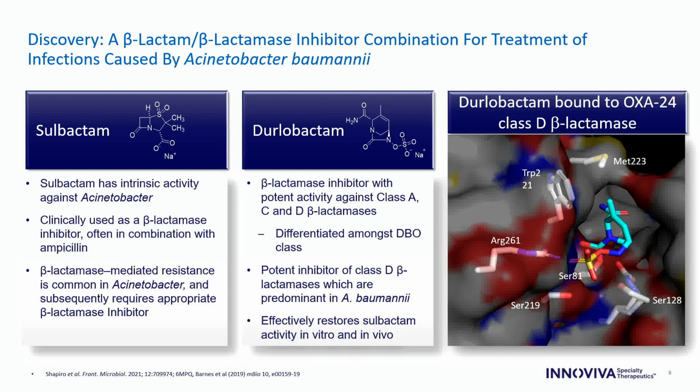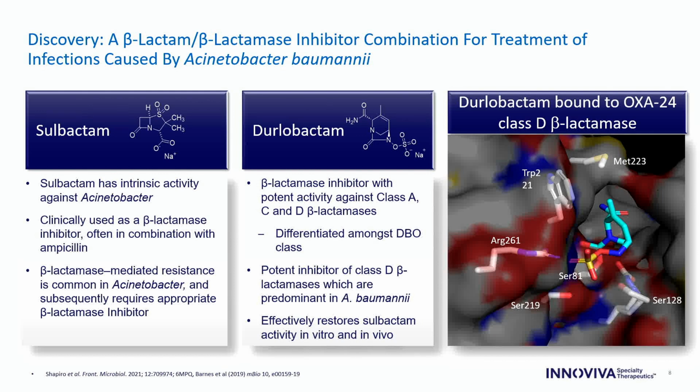So this is really important, identifying a beta-lactam that actually has activity against Acinetobacter. Problem is Acinetobacter is a smart bug, just like most other bacteria. It develops resistance to sulbactam readily, and resistance mechanisms are quite predominant. So we needed to identify a beta-lactamase inhibitor that was broad spectrum and had the ability to fight the beta-lactamases that are produced by Acinetobacter.